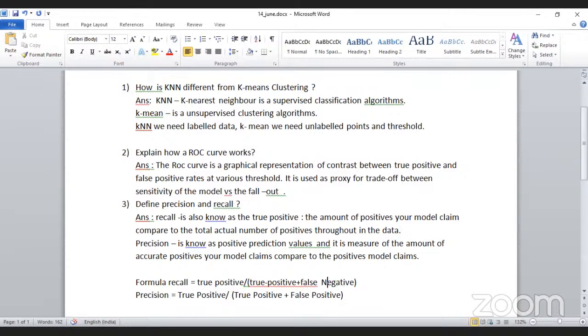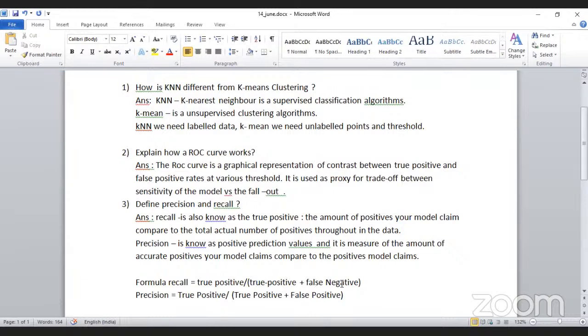Okay, so this is the formula for how we can calculate precision and recall. Recall is calculated as all the true positives from the data, divided by true positive plus false negative.